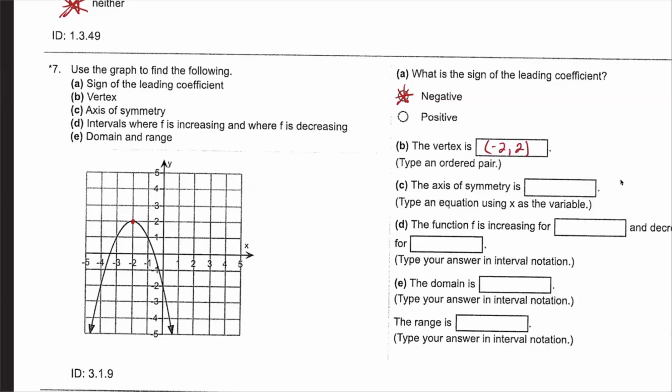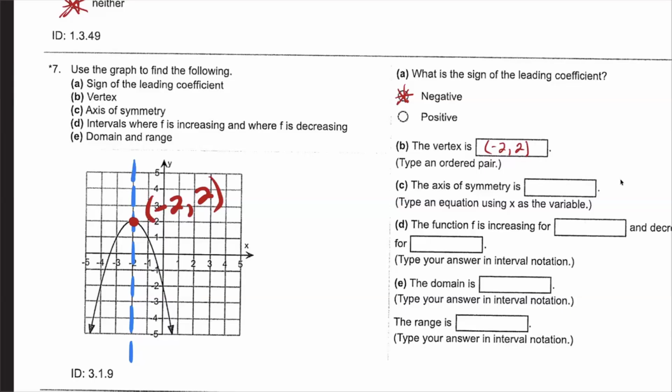-2, 2. Type an ordered pair. The axis of symmetry is a vertical line that goes straight through the vertex. A vertical line, the equation for a vertical line always starts with x equals. And if I know that the vertex is at the point -2 and 2, the line going through the vertex is going through where x is -2.